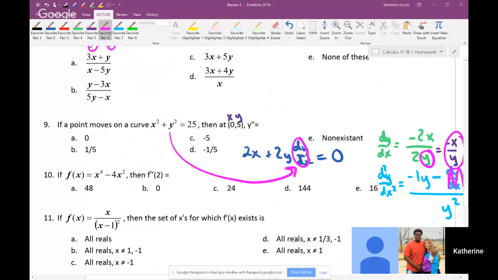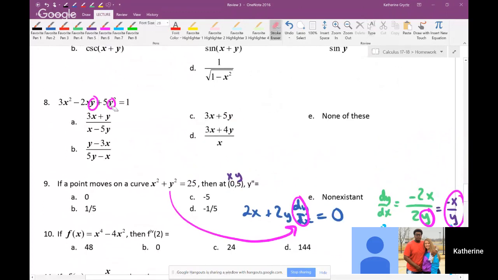If you're looking at number 8, there are 2 y's here. You're going to have 2 dy dx's. You should end up having to divide by 2 things, which can help you eliminate some answers. Like because you don't have the right number of things to divide by. Right.